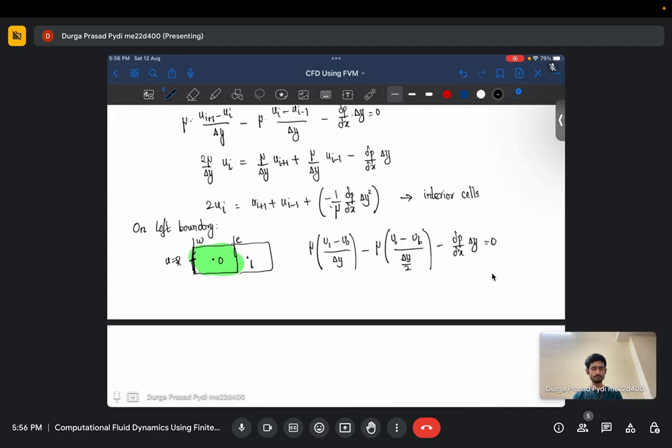What I'm trying to say is, in the cells which are not on the boundaries, whatever formulations we have followed in FVM have some accuracy, like second order or third order accuracy. Since at the boundary it is different, it may not be the same as in the center cells.